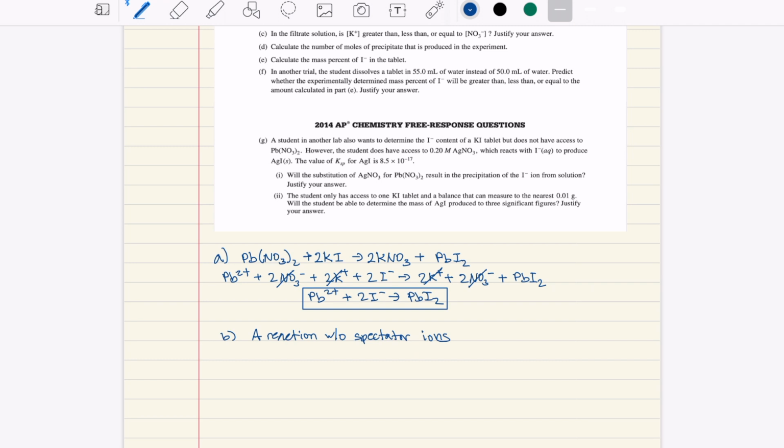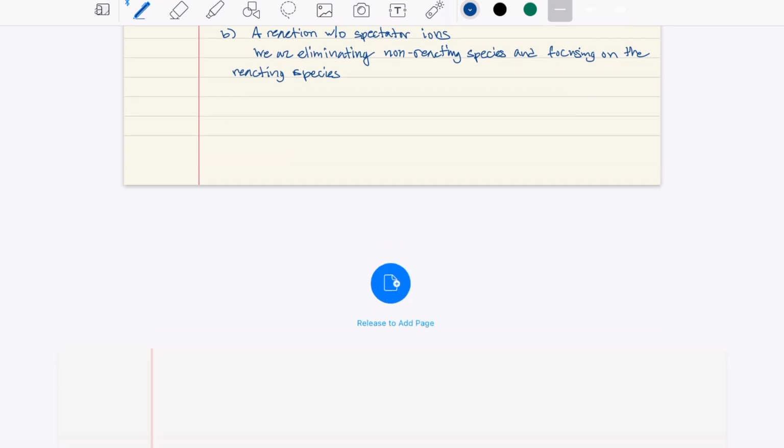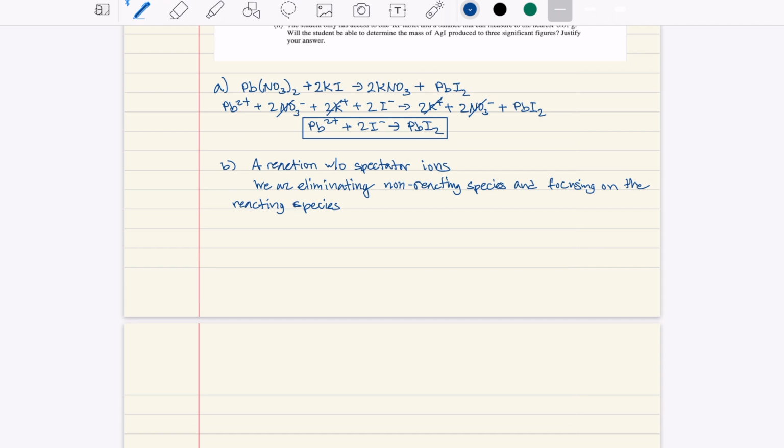And this is important because we are eliminating the non-reacting species, and focusing on the reacting species, which in this case will obviously be the ions and then the solid, right?